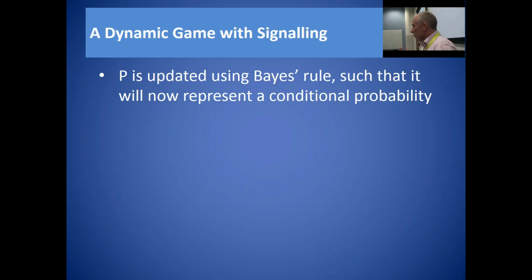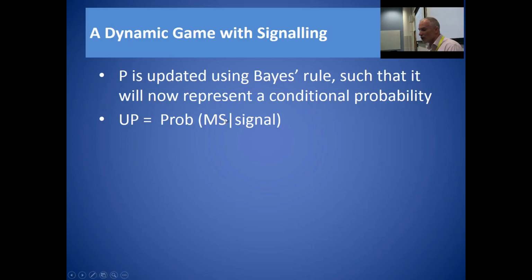And in statistics, to identify a conditional probability, we can use very simply what's known as Bayes' theorem. So the updated value of P, remember P is the probability that the monopolist is strong. That's what P was. But now we're looking at the updated value of P, which is a conditional probability. So it's the probability that the monopolist is strong, given that the signal has been received.